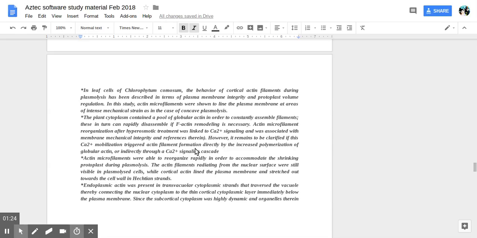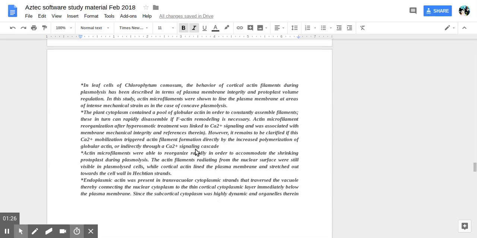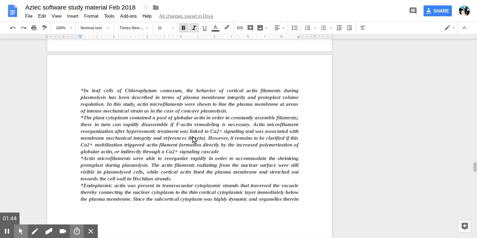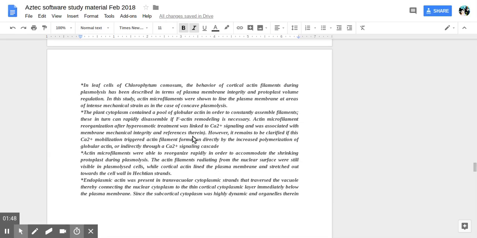Also, it says it remains to be clarified if calcium mobilization triggers actin filament formation directly by the increased polymerization of actin. So calcium has something to do with the way actin changes its orientation and shape within the cell through a calcium signaling cascade.